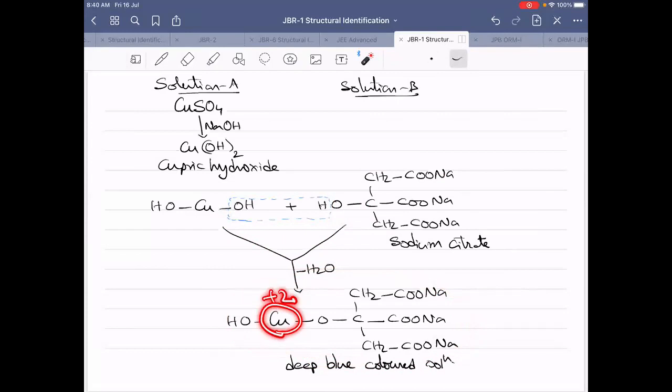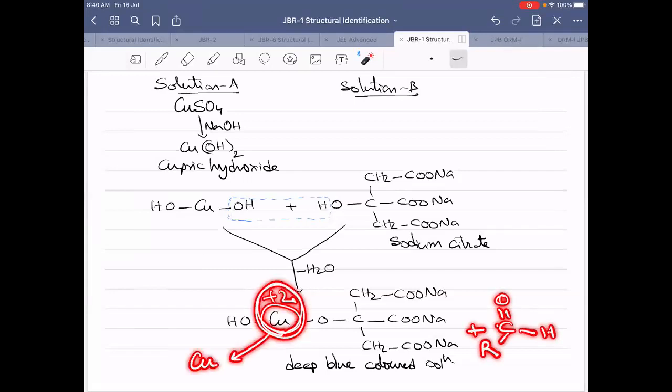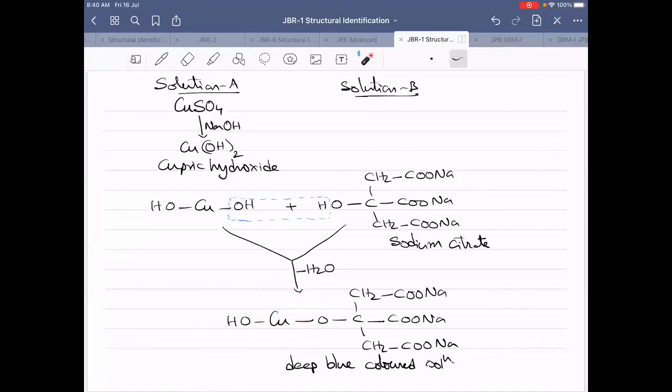The moment it reacts with an aldehyde like C double bond O H, this Cu2+ will be converted into Cu+1. Cu2+ is soluble in water, whereas Cu+1 is insoluble in water, so it comes out as a precipitate, downward arrow. It comes out as a Cu2O red precipitate. Understood, Dhruv? So this is what Benedict's reagent is.